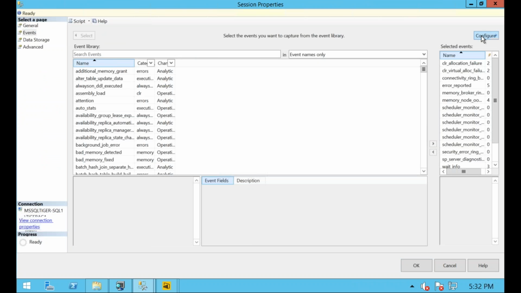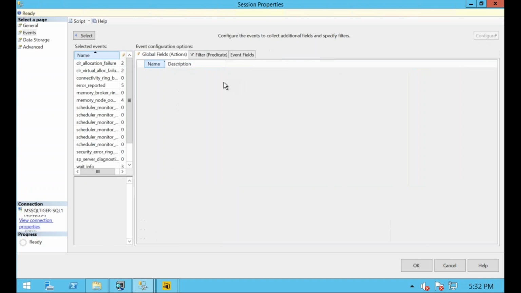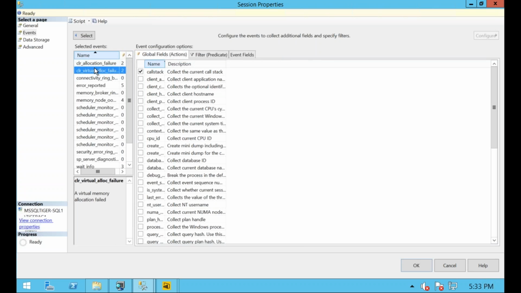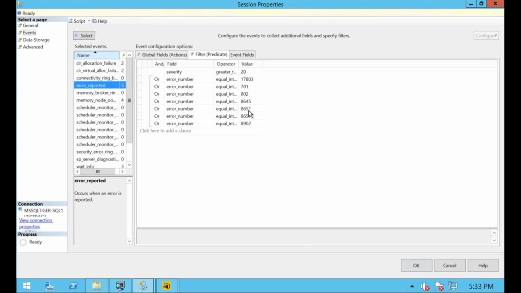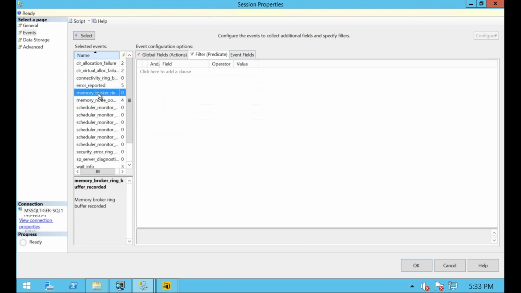Was there a problem with my SQL Server instance? Were there errors reported regarding memory failures, or were there any CPU-related bottlenecks? All of that you get here. If you're running CLR objects, you get allocation failures related to your CLR objects. If you have connectivity issues, you will find that the connectivity errors have been recorded for any failed connection. Again, we record some important error messages.